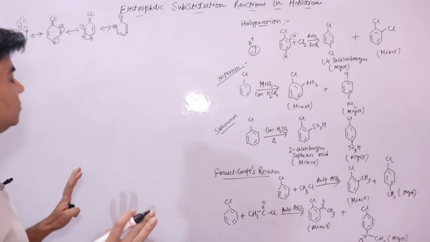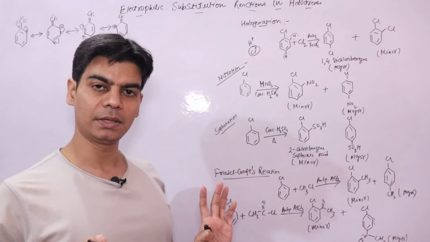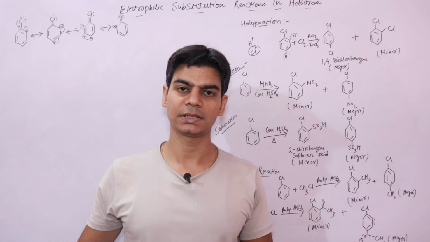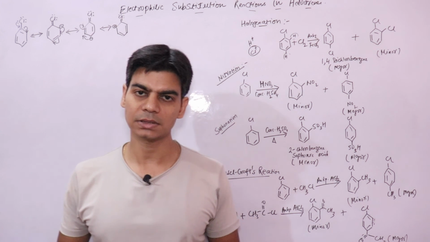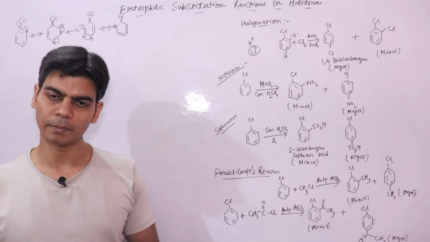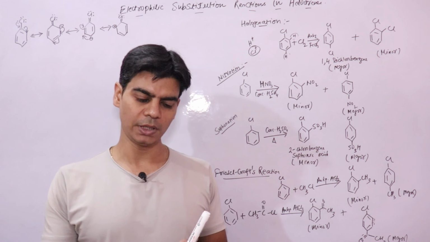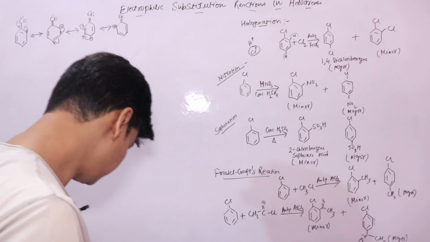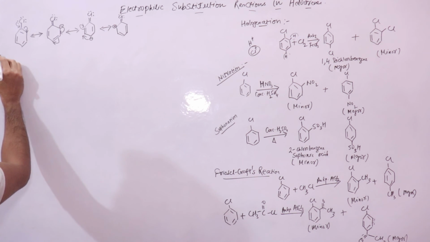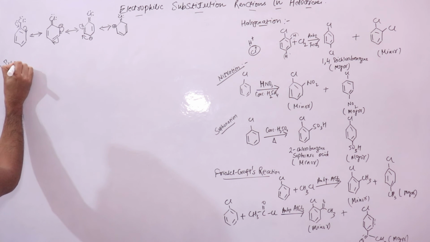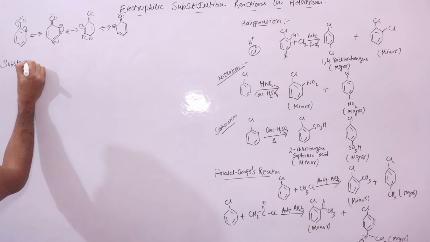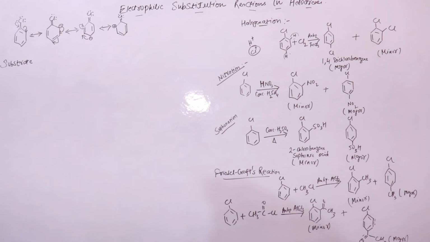Now just again remembering what we have studied in the basic chapter of mechanism of reactions. Any organic reaction you talk about is a reaction between a substrate molecule and a reagent. This you should remember for the entire organic chemistry.